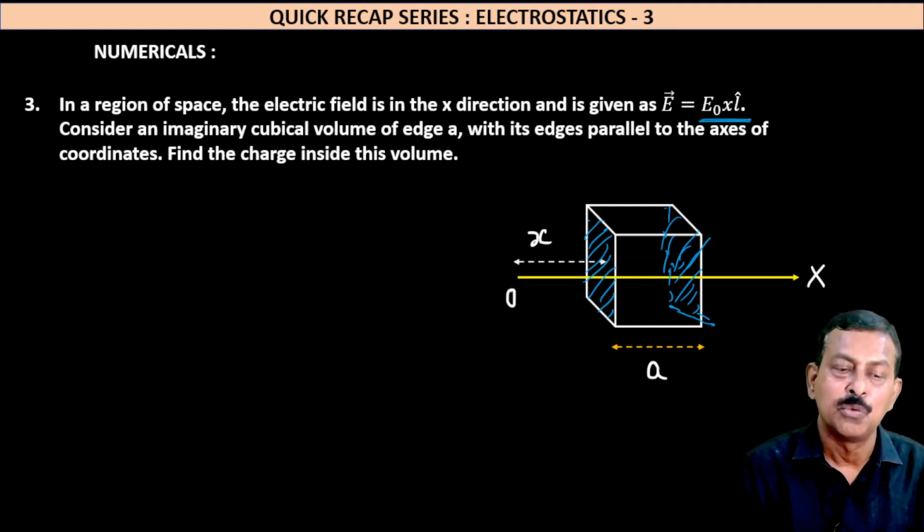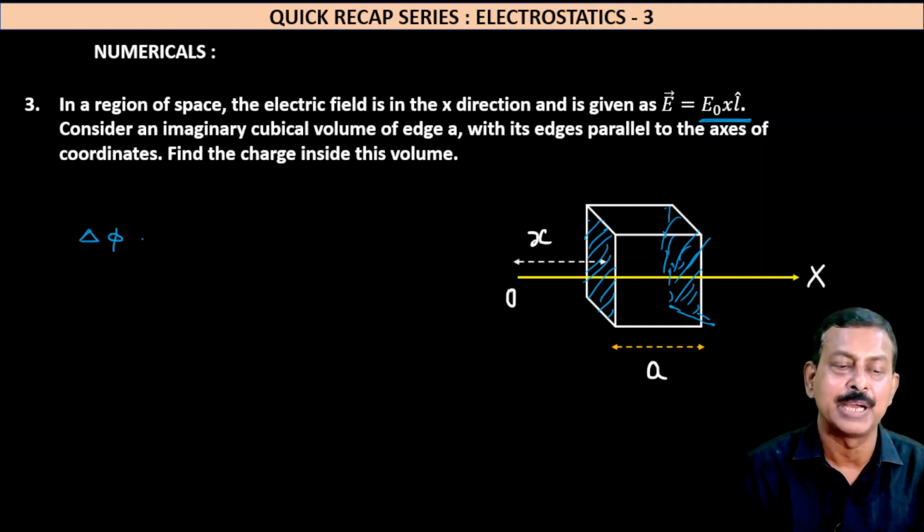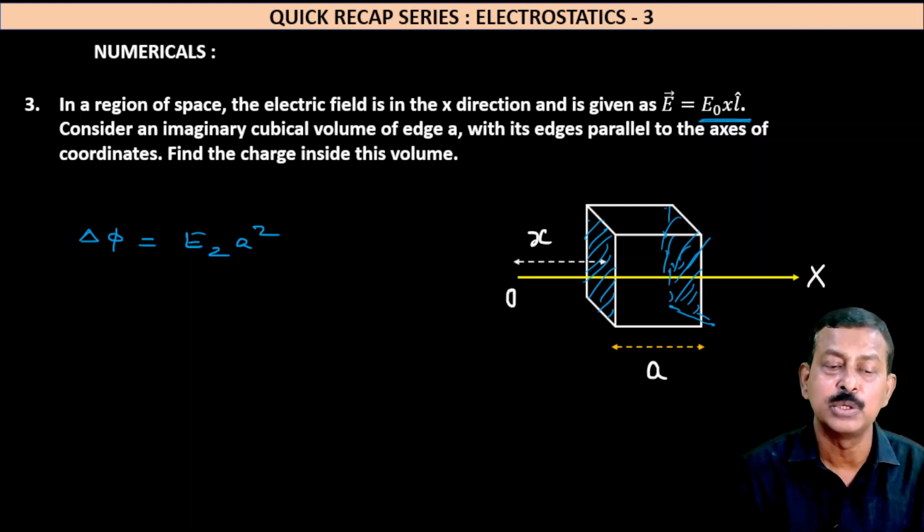So if I consider the net flux, delta phi will be equal to E2 into vector area, because the angle here will be 0 degree. So it is E2 A square minus E1 A square.